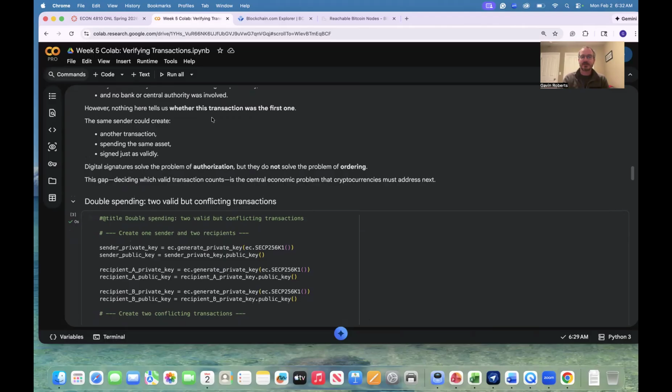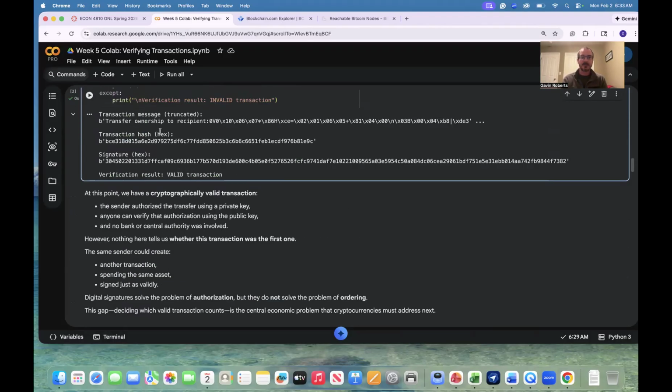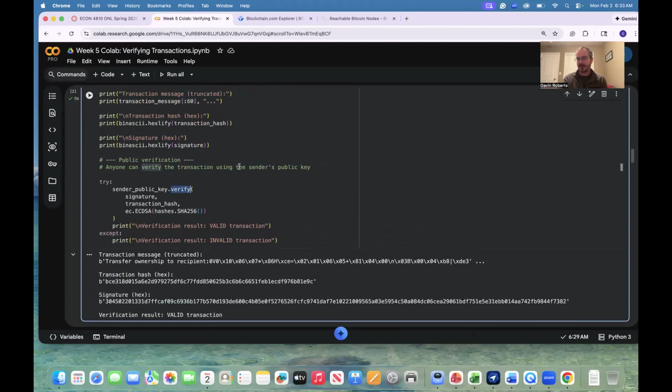However, nothing here tells us whether this transaction is the first one, because essentially we want to say, okay, we'll let the first time Gavin wants to spend a Bitcoin go, but if he tries to spend the same Bitcoin again, we wouldn't want to allow that transaction. So the same sender could create another transaction, spending the same asset, signed just as validly. Because all of this doesn't say anything about whether you have ever spent this before.